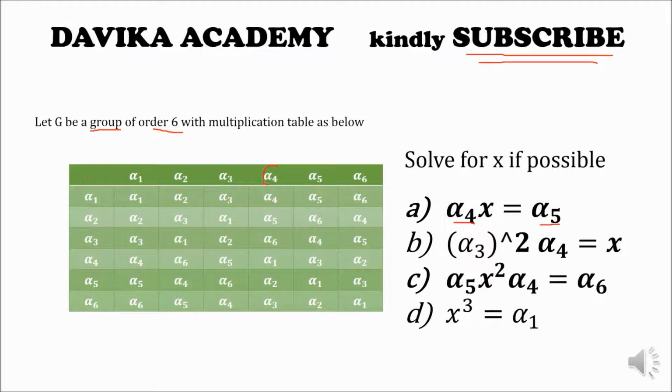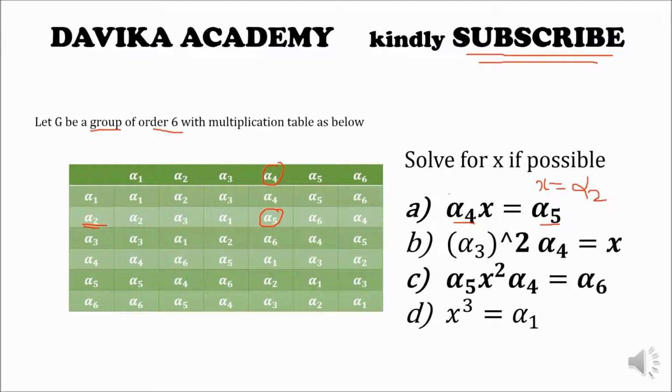So go to alpha 4, and then we see what we cross with so that we get alpha 5. And definitely you see it's alpha 2. So alpha 2 will be the possible value of x in this case.